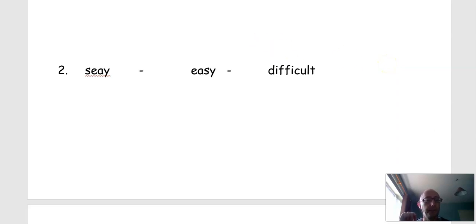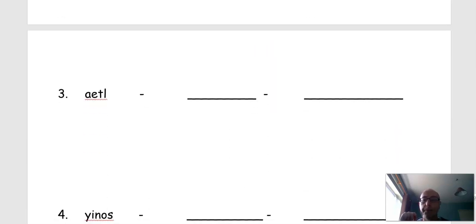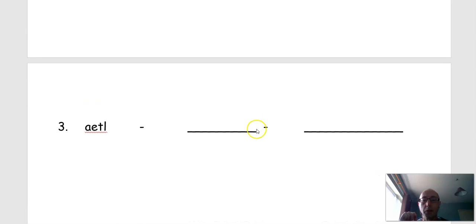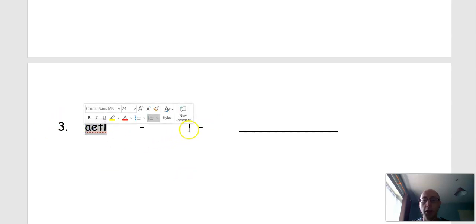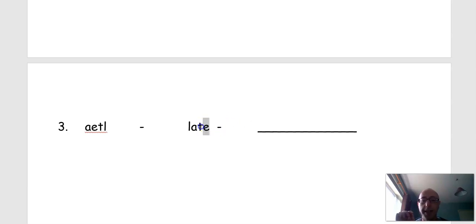So what's the opposite of easy? Difficult. Let's look at number 3. What's this word? It starts with L. Change the letters to make a word. This is not a word. We have to change the letters. So L, A, T-E. Good. So what is it? Late. What's the opposite of late? Early.